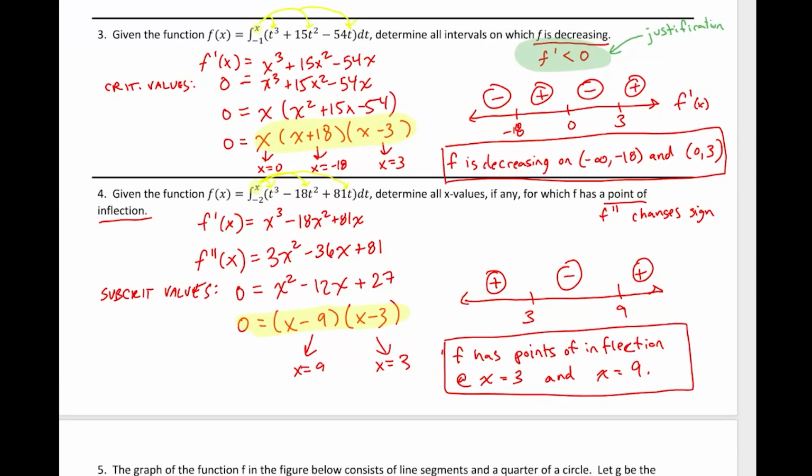Now, if for some reason the question asked for the coordinates of the point of inflection, you'd have to plug these x values back into f of x to find the y values of those points of inflection. So you don't plug it back into f double prime. Instead, you plug it back into f if you need the coordinate of f. This doesn't ask for that, and actually I think it would be doable, but that would be a lot more work if I were asking for that y value also.